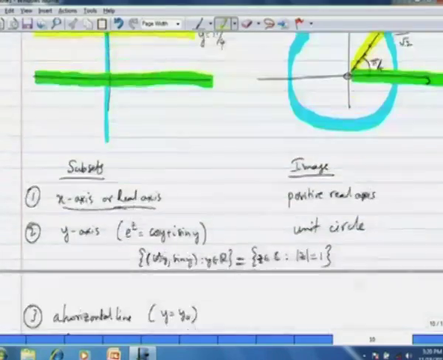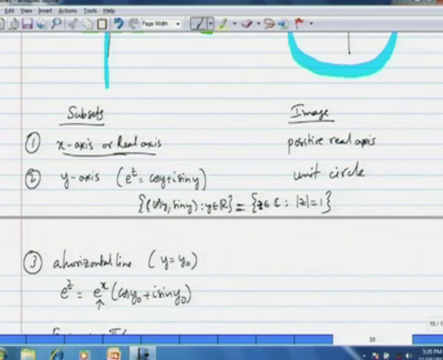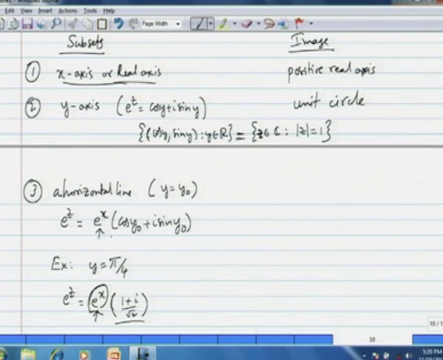Okay. So, the image of such a horizontal line will be the set of all z such that, well, how do you say, it is better described geometrically.